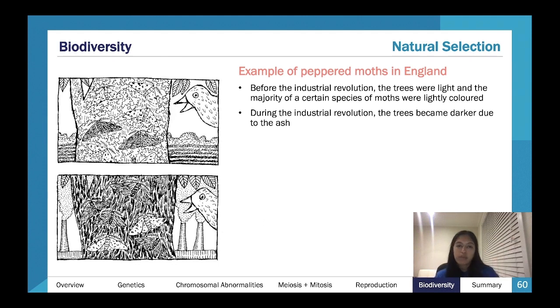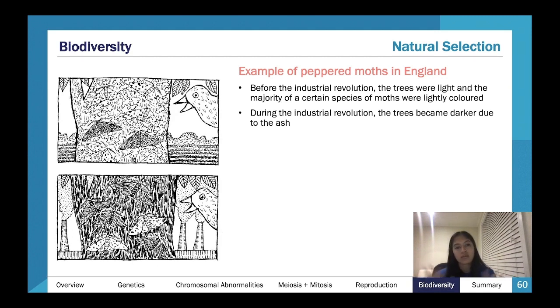It's what we've just talked about before with that dehydration example. The one that is not camouflaged, or that's not suiting its environment as well, so the white moths, they're going to die because they're going to be eaten, and that means they've got less time to produce offspring.